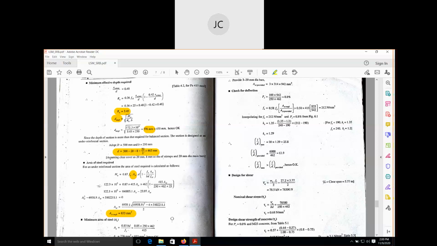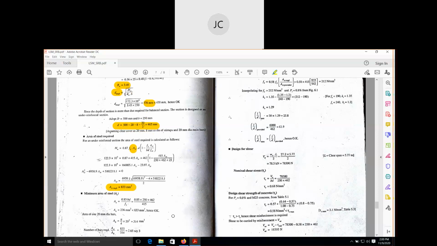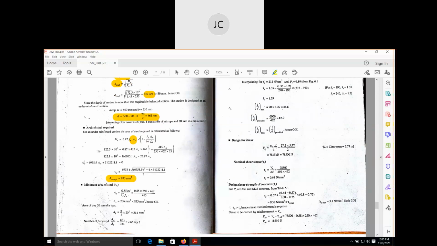Then we have to see the minimum area of steel by this equation, just like the previous problem: As equal to 0.85 bd by fy. We have got the minimum area of steel required is 236 and we are providing 833. That means our design is correct.